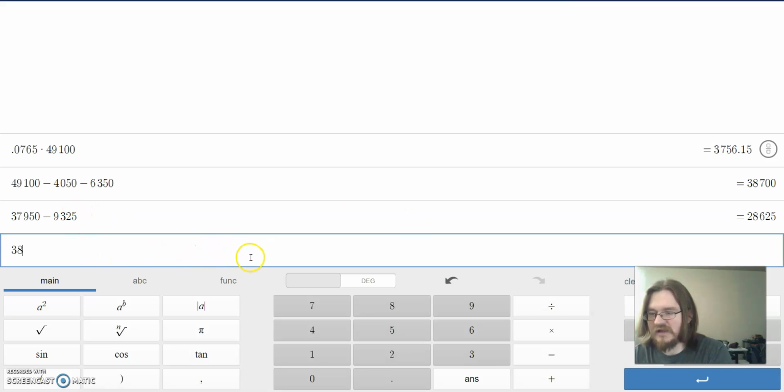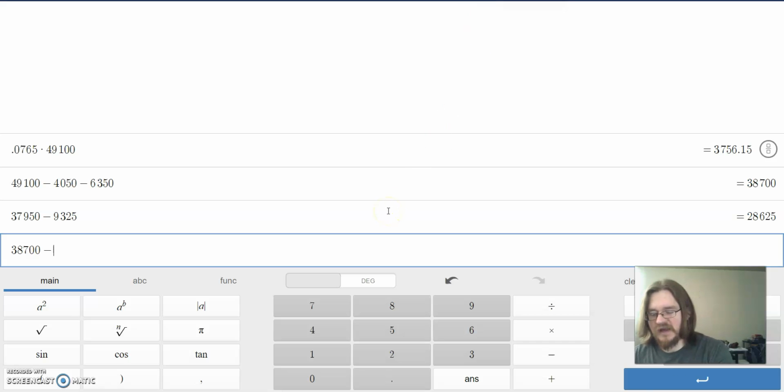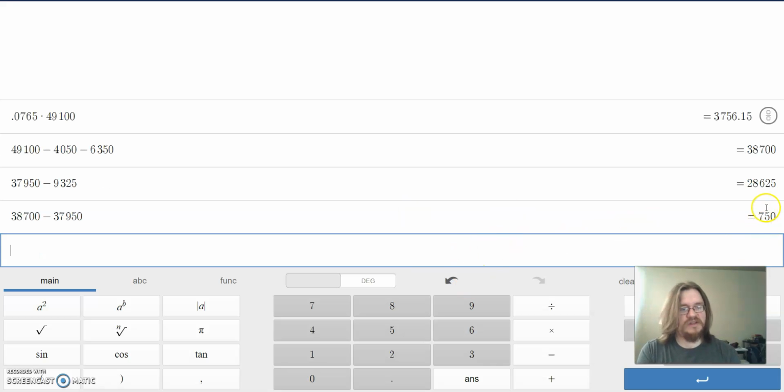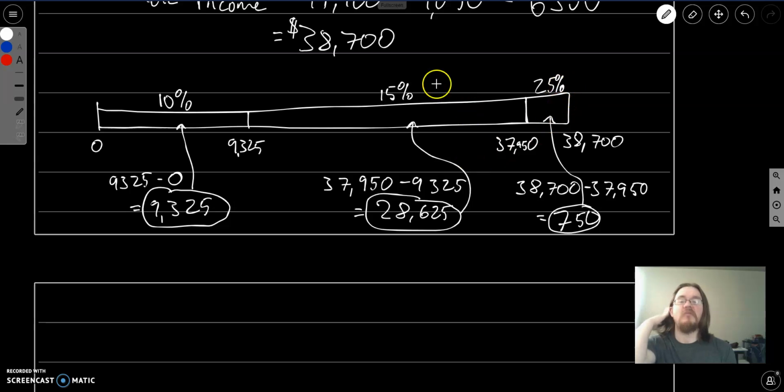So 38,700 minus 37,950. So only $750. Out of all of this person's money, only 750 of it is going to be taxed at 25%. Most of the money is going to be taxed at 15%.